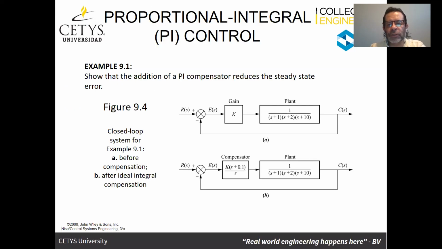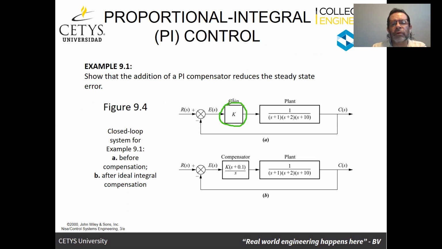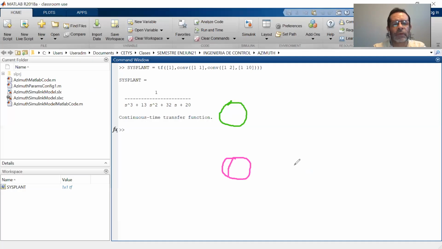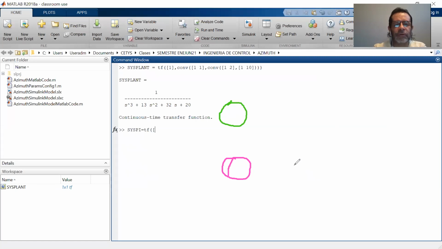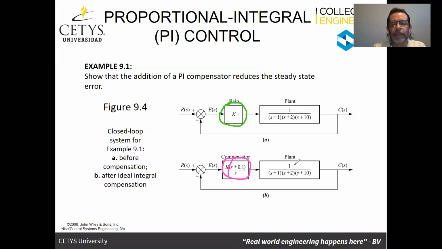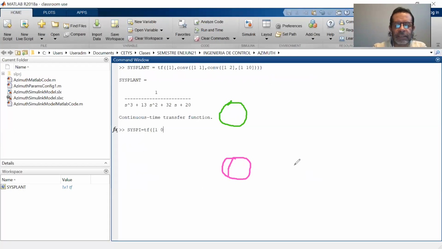And then I'm going to create the compensator that we have here. So we're going to define a value of K, but we're going to look at this compensator here, and I'm going to create this one. I'm going to call this sysPI, which is going to be the transfer function of 1 and 0.1.